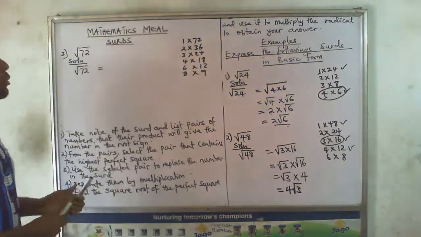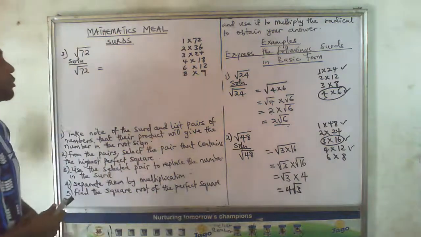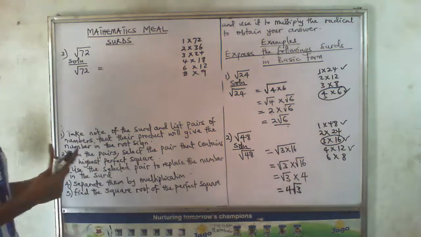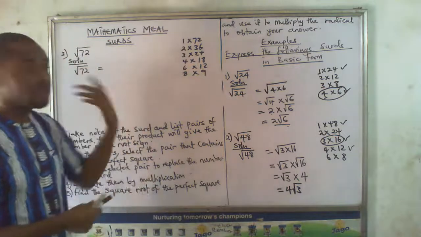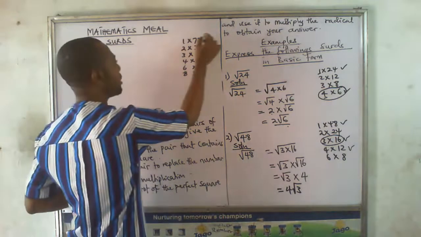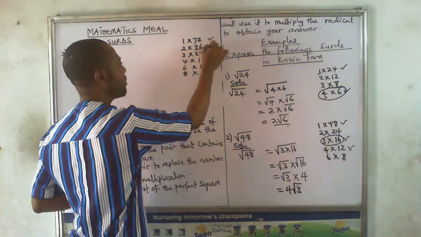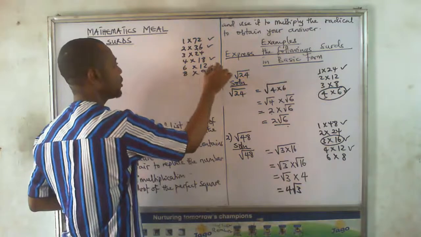The product of all these will give us 72. They said one of the numbers in the pair must be the highest perfect square possible. So 1 is a perfect square, we have this. 36 is a perfect square, 4 is a perfect square, and 9 is also a perfect square.